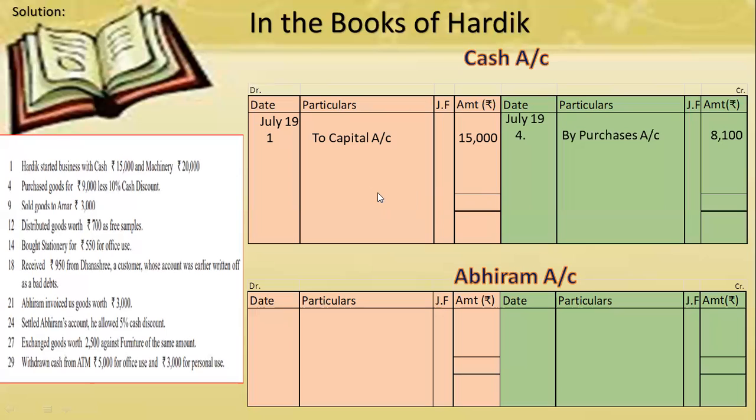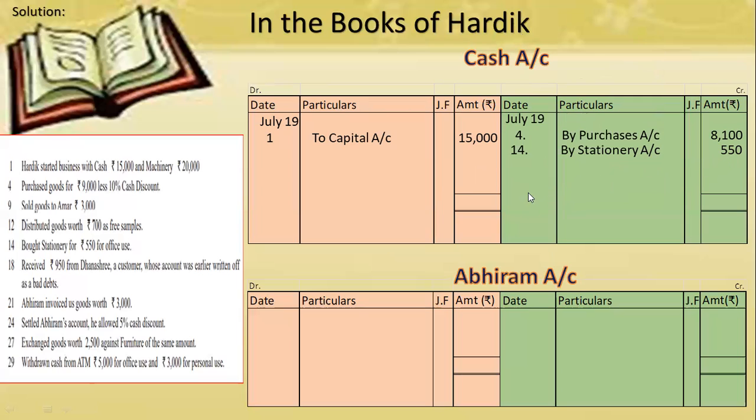Bought stationery for rupees 550 for office use. As this transaction has taken place in cash, this entry is posted as stationery account debit to cash account rupees 550. See in credit side, stationery account rupees 550.